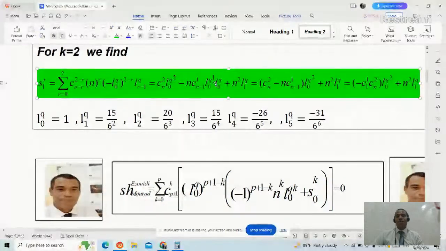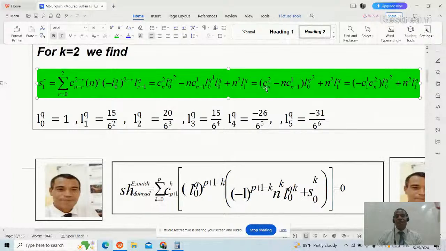You can see this one, L0 of the q raised to the power 1 times L0 of the q, in fact is equal to L0 of the q squared, so let's call it a common factor. I should put this common factor outside the bracket. I will write combination n choose 2.